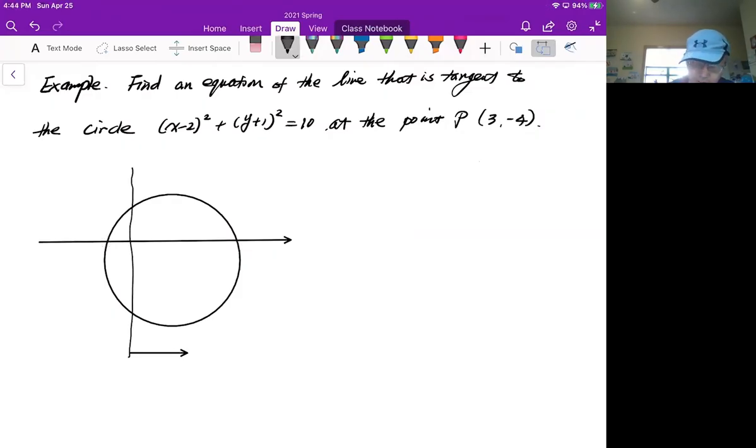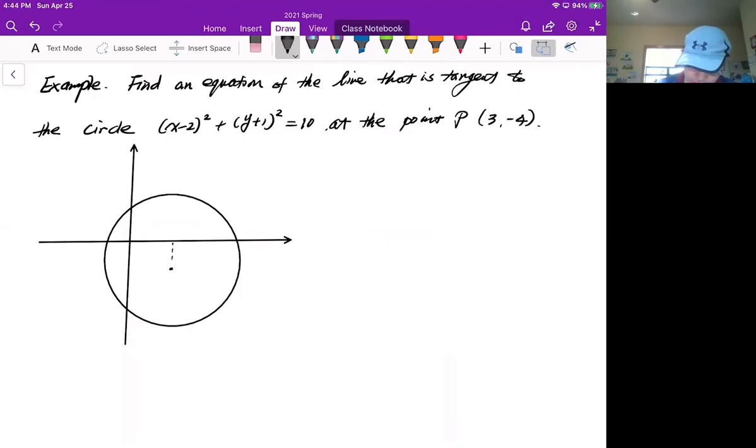Okay, so you have the circle here, and let's assume that the center is (2, negative 1).